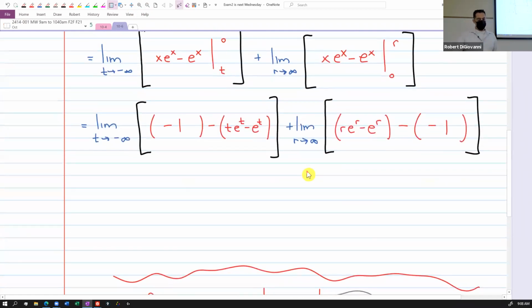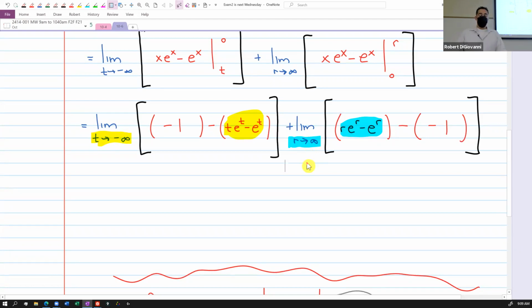All right, so now we've got to figure out what's happening here. If t goes to negative infinity, what happens here? And then on the other one, we've got to figure out what happens to r e to the r minus e to the r, if r goes to positive infinity.